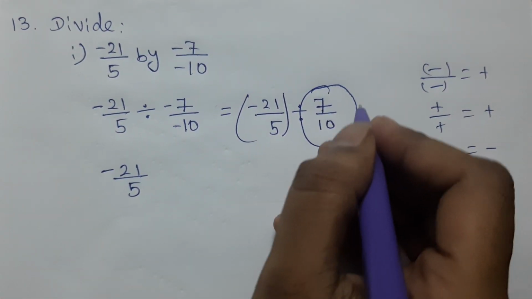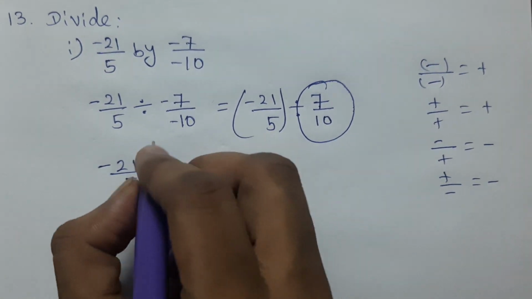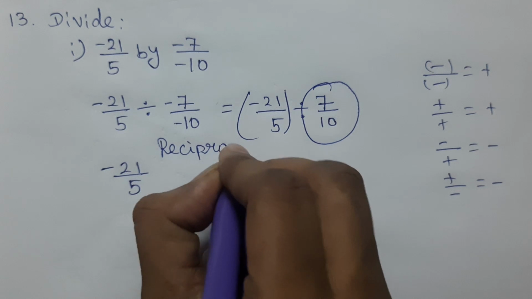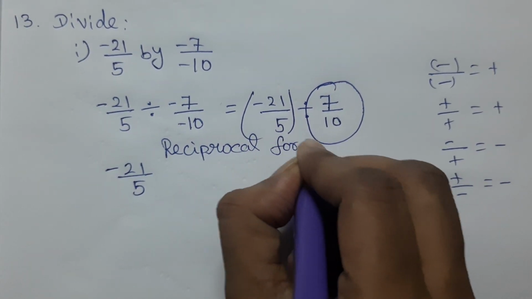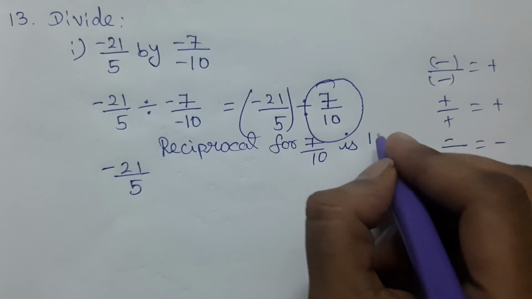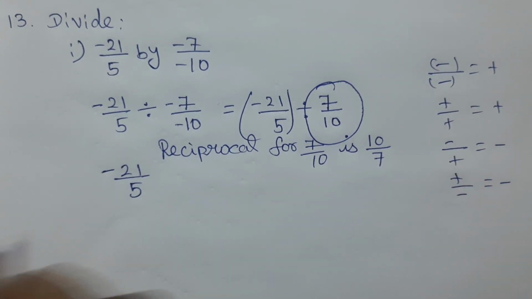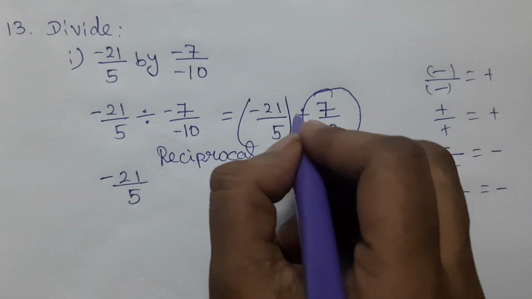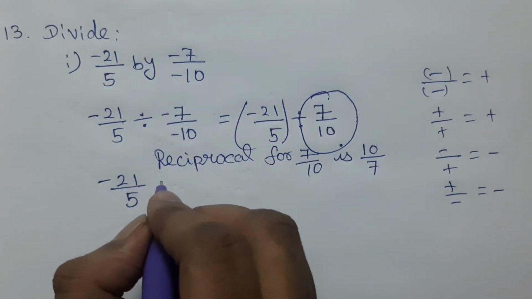So we have to take the reciprocal of 7 by 10. Reciprocal of 7 by 10 is what? 10 by 7. That's all. So now we can take minus 21 by 5. We are going to change this divide into multiplication.